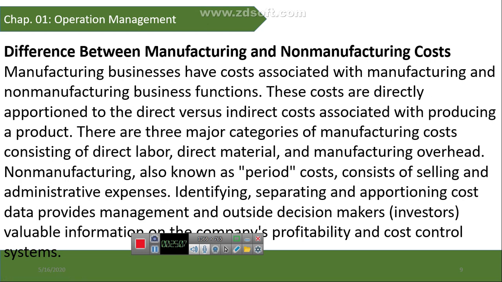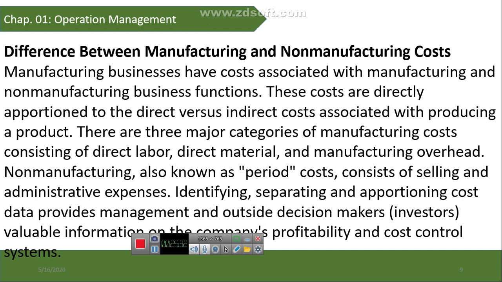Direct material manufacturing cost. A company's profitability depends on management's ability to control costs. One important cost to monitor is raw material. These are necessary costs required to produce the final product. Direct material costs are those costs directly associated with manufacturing a product.